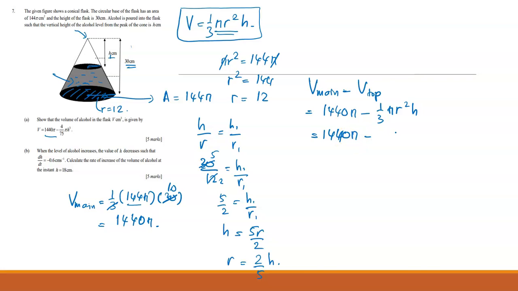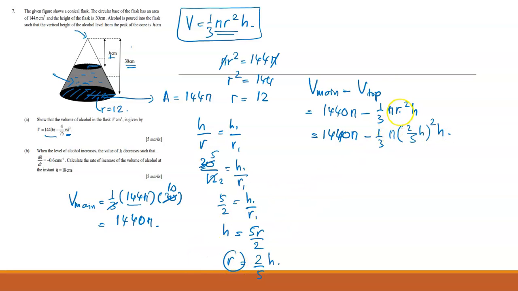According to this question, it leaves the answer in h cubed, meaning we're going to substitute r in the form of 2h divided by 5. So 2 over 5 h, squared, and h.